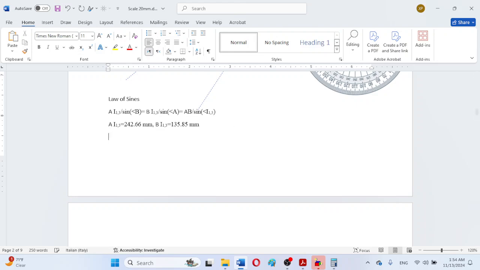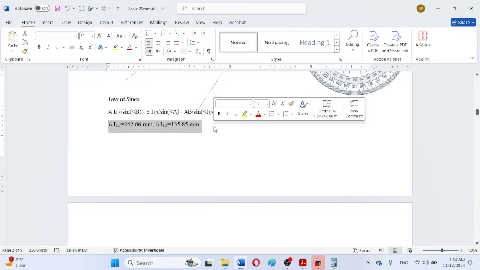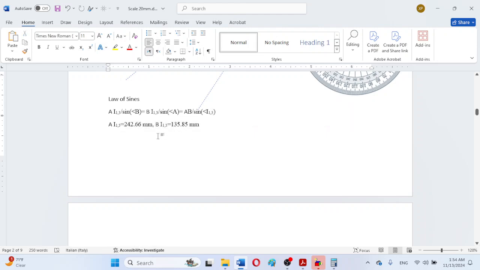You can type it here that these are actually the trigonometric values, and now I can write here the graphical values with the help of that protractor that have been measured.